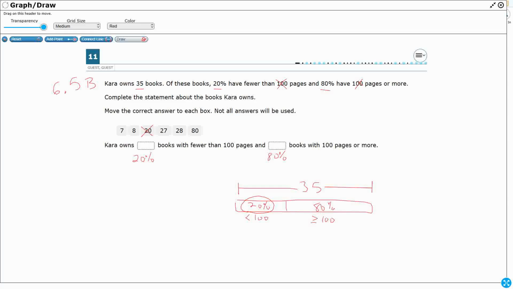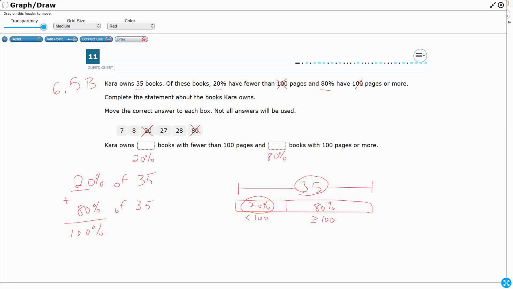But we don't have 100 books. We've got 35 books. So I need to find 20% of 35, and then I need to find 80% of 35. Or if I find one, and I know that 20 and 80 make 100, I could just subtract that amount from the 35 to get the other.